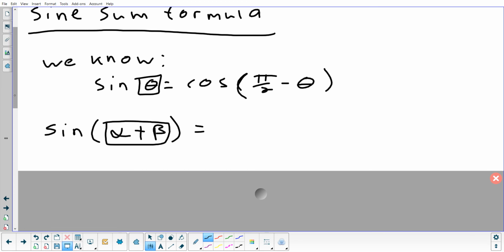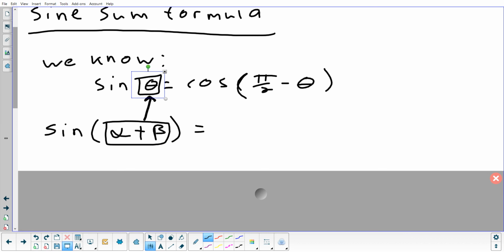But basically, instead of theta, you're going to substitute that in for theta. You can substitute anything you want right here. You could put in 10, 36, or this. So I'm trying to figure out what the sine of a sum is. So let's apply this formula using alpha plus beta as my argument.